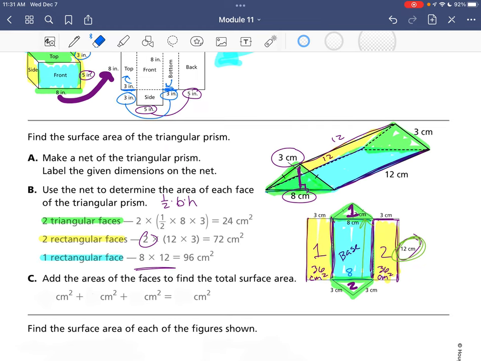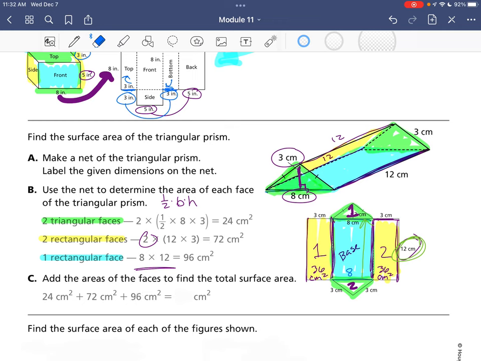So we had our wrapping paper, we wrapped it around our nice pretty triangular prism, laid it all out, and we're gonna add up our 24 from our triangular faces, our 72 from our yellow rectangular faces. Remember, there's 2 of them. That's another common mistake. Don't forget to multiply by the 2 if there's 2 of them.